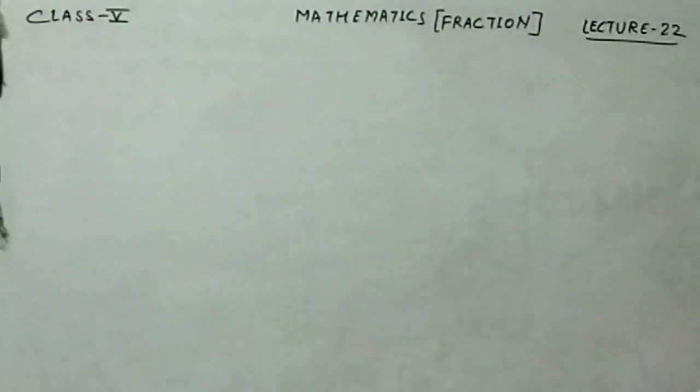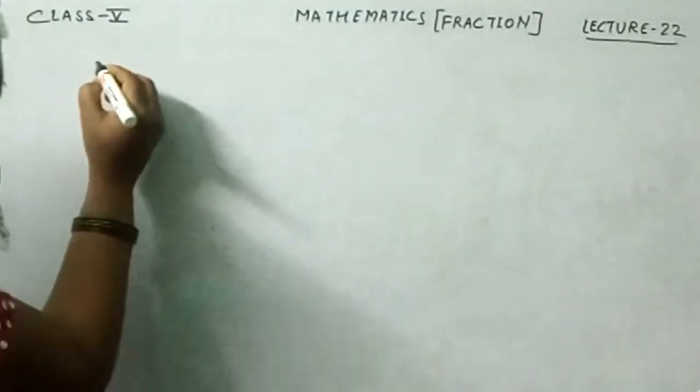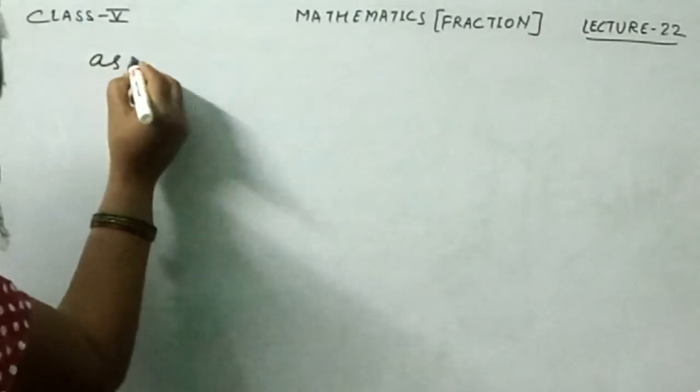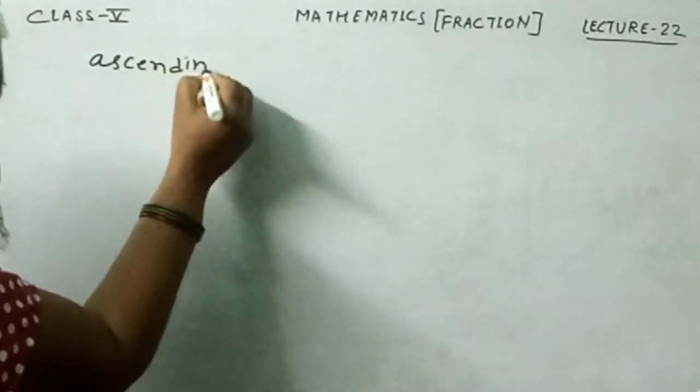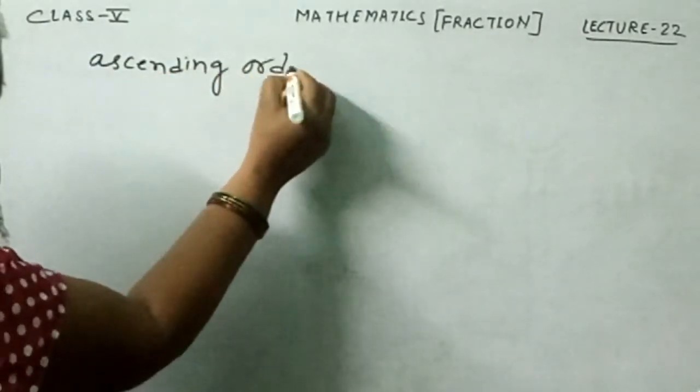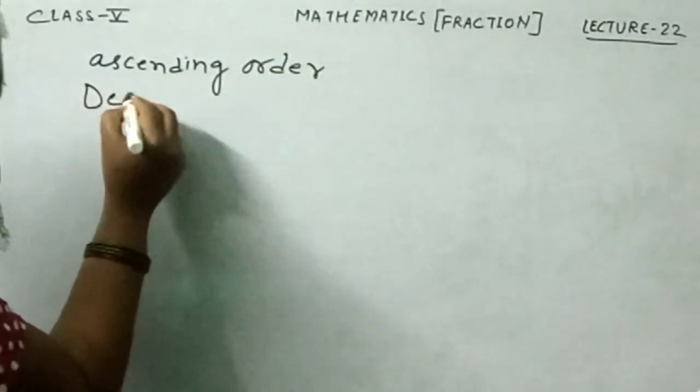Now students, if so many fractions are given together, and if I tell you to arrange these fractions into ascending order or descending order. First I want to explain to you what ascending order is. Ascending order and descending order.